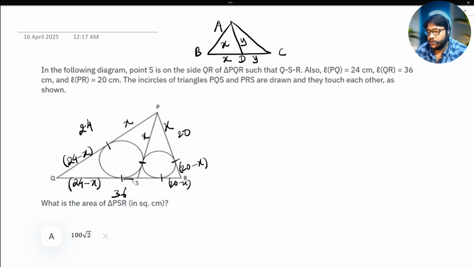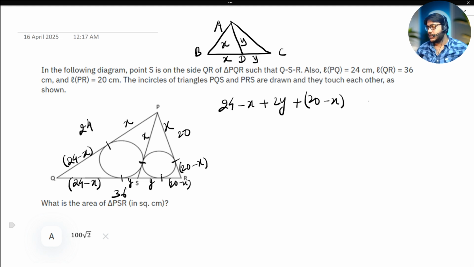So at this point I will assume another variable y. Let's see for the length QR what we have. So for the length QR we have 24 minus x plus 2y plus 20 minus x equals 36. This is the total that is given. So this is basically... I'm basically doing some shuffling in my mind.